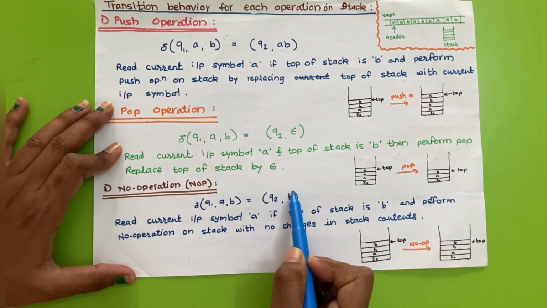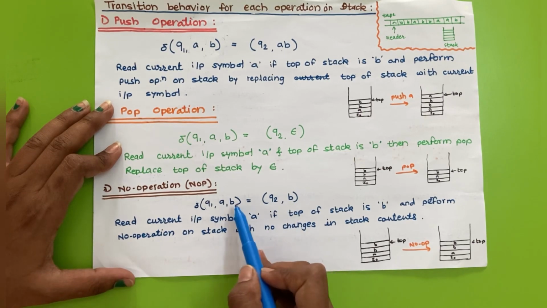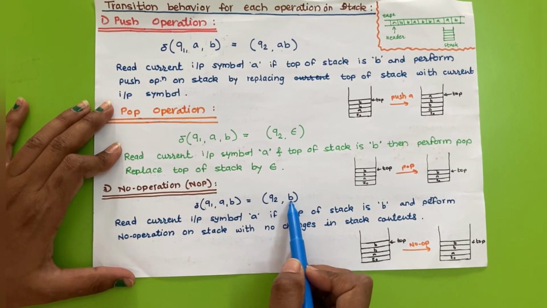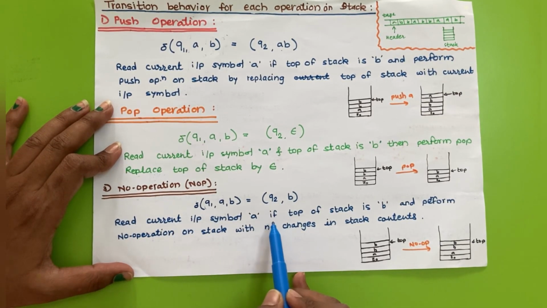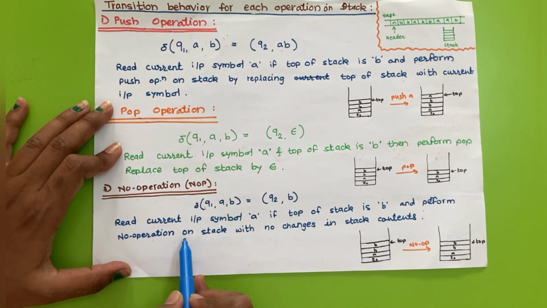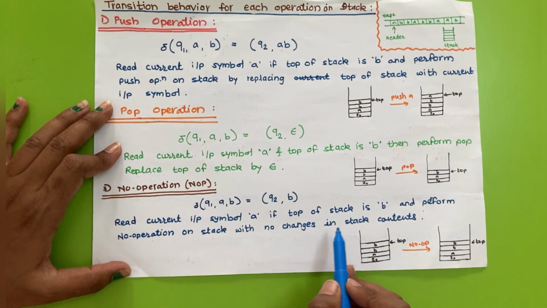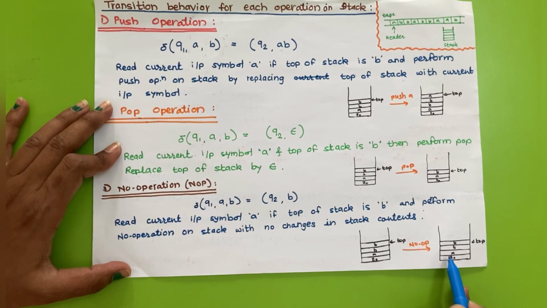We haven't changed the contents of stack, so this top will remain the same as before. So read current input symbol a, and if top of stack is b, and if we perform no operation on stack, then there will not be any kind of change in the contents of the stack.